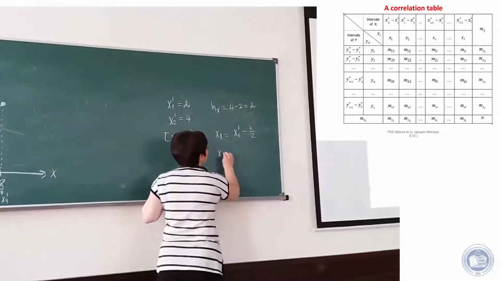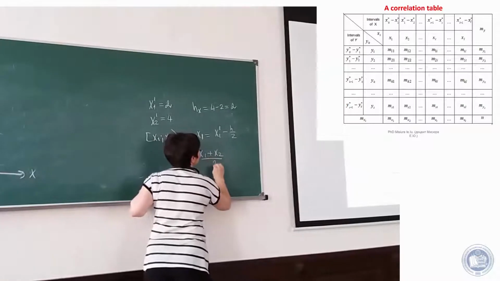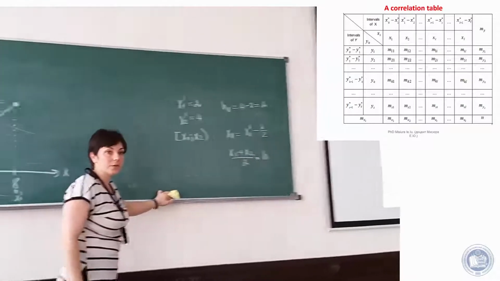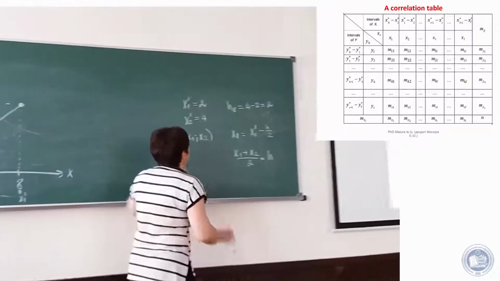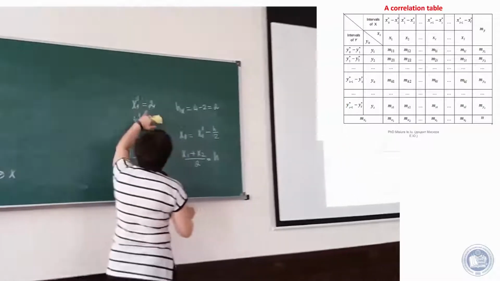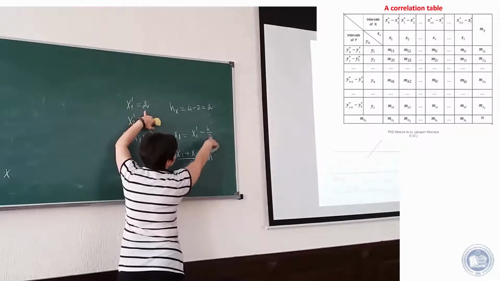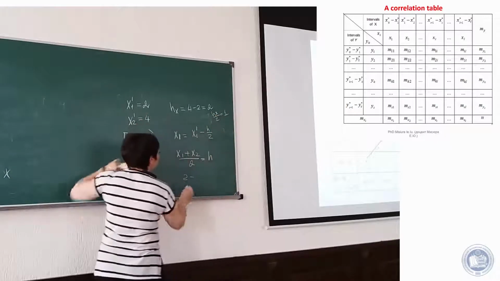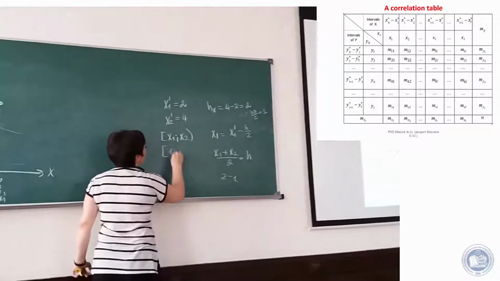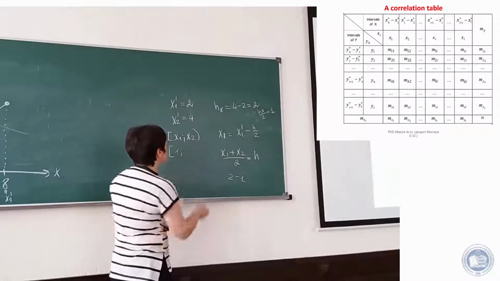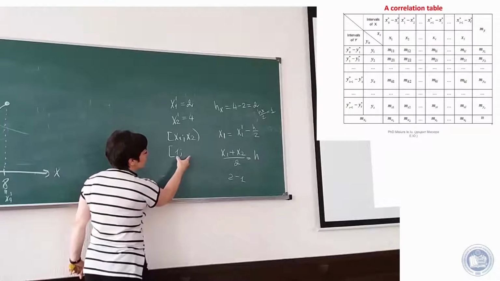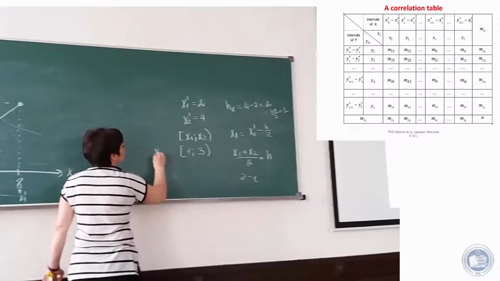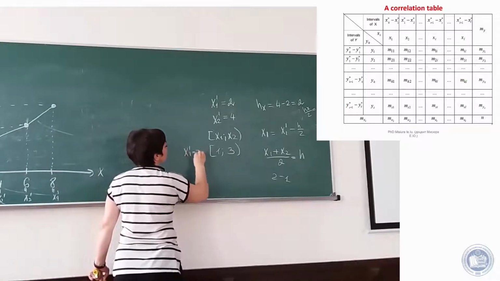Let's remember, x1 plus x2 divided by 2 equals the midpoint. Okay. Agree? Okay. x1 equals, we have 2, h divided by 2 equals 1. Okay, first limit will be 1. And how to find second limit? This length equals h. 1 plus 2 equals 3. Okay, first midpoint equals 2.